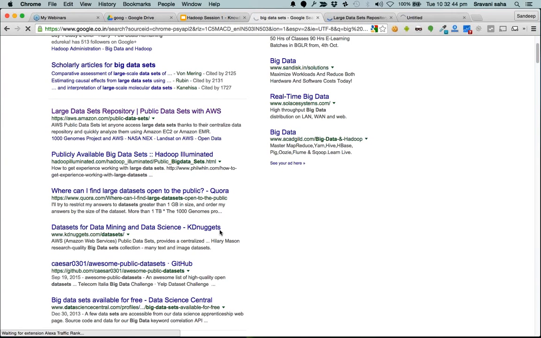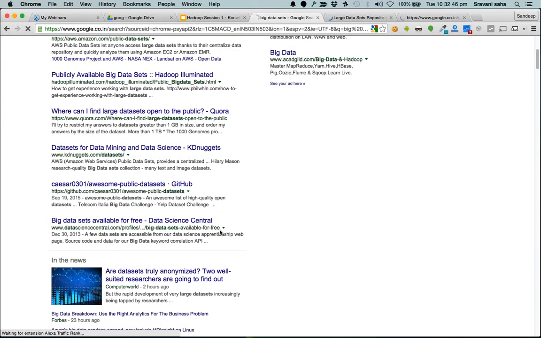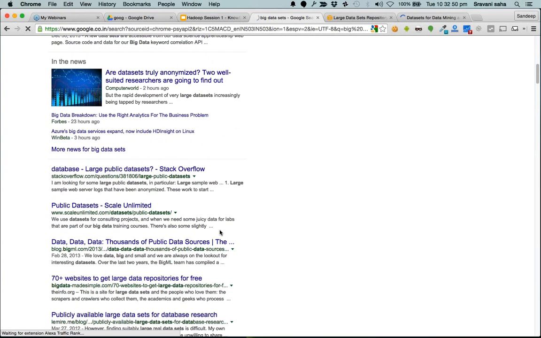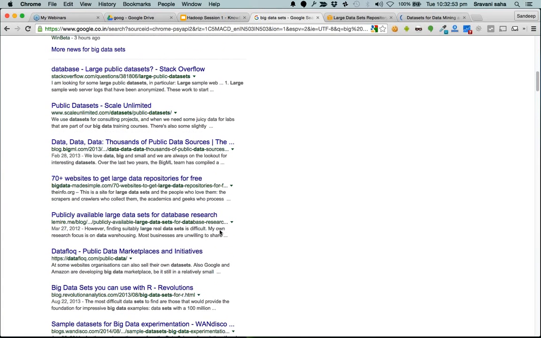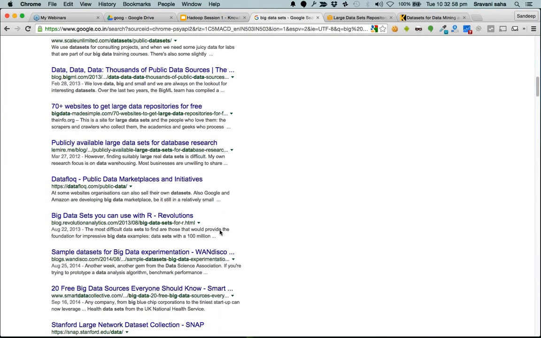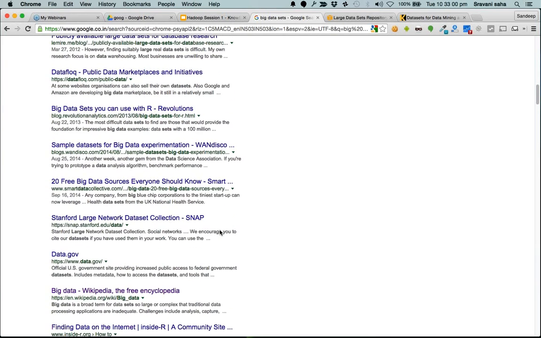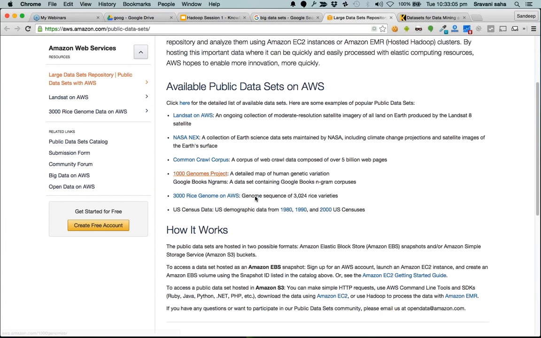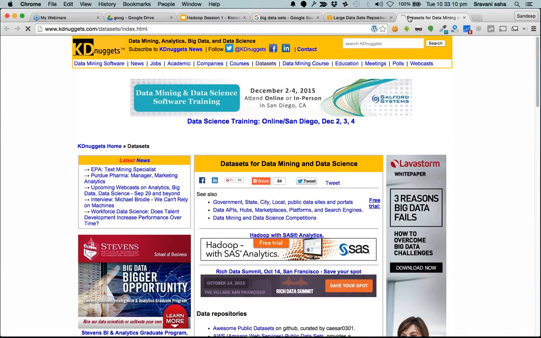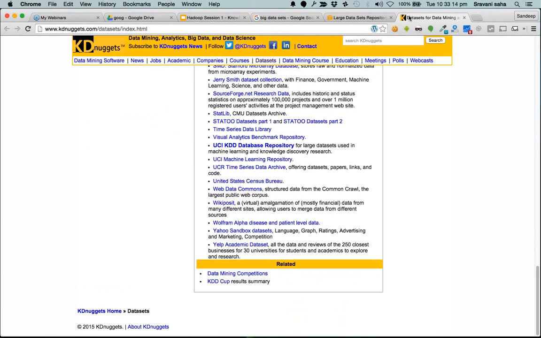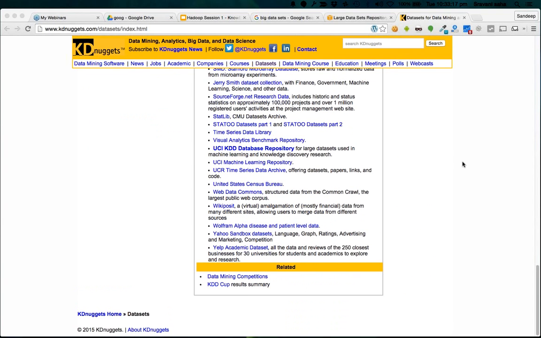Here is KDnuggets. This is a big data set, like for example the Common Crawl corpus, and there are many more examples. You can see that there are these data repositories available to you on which you can do tests.